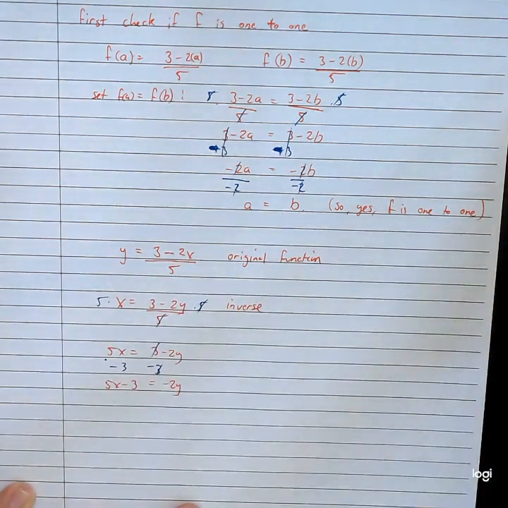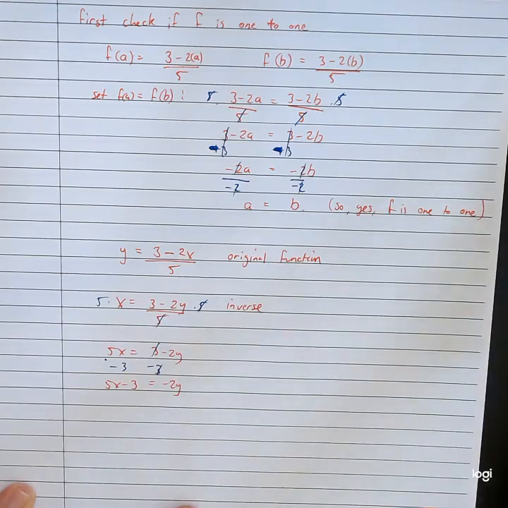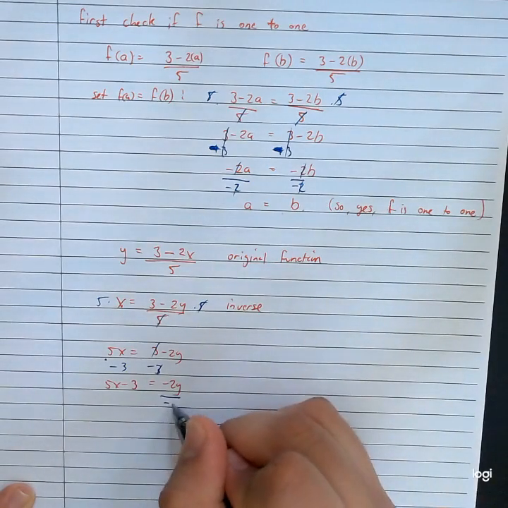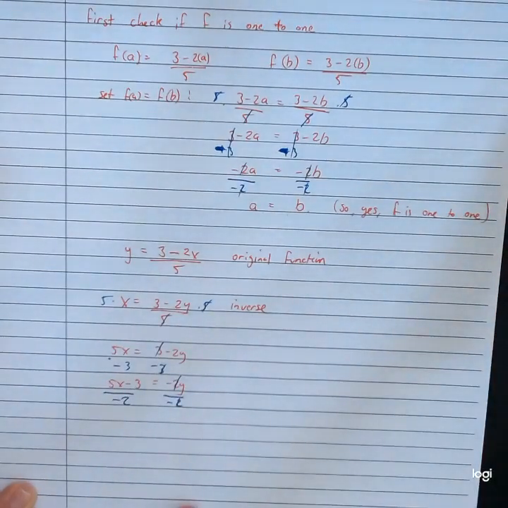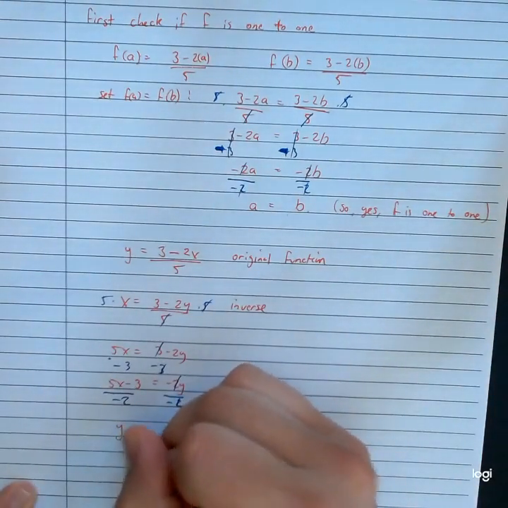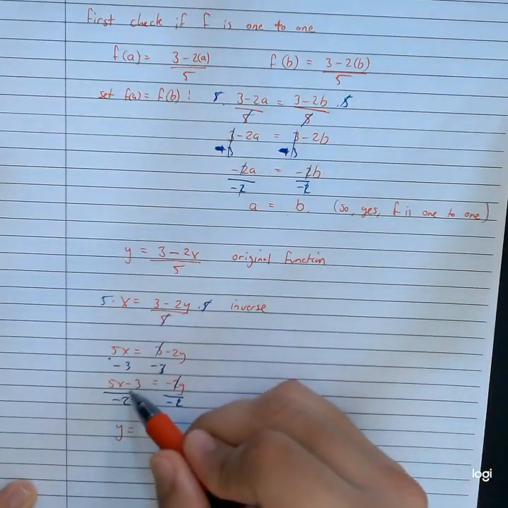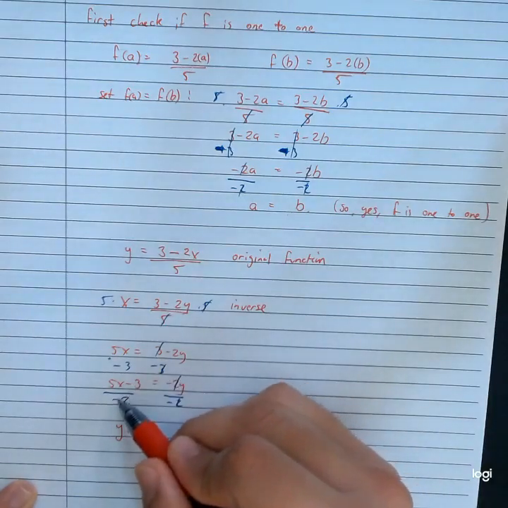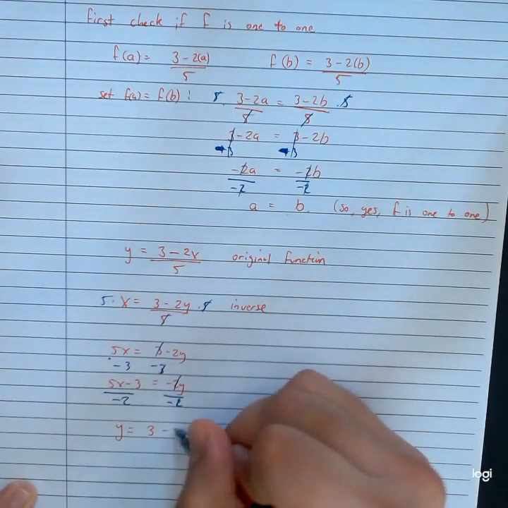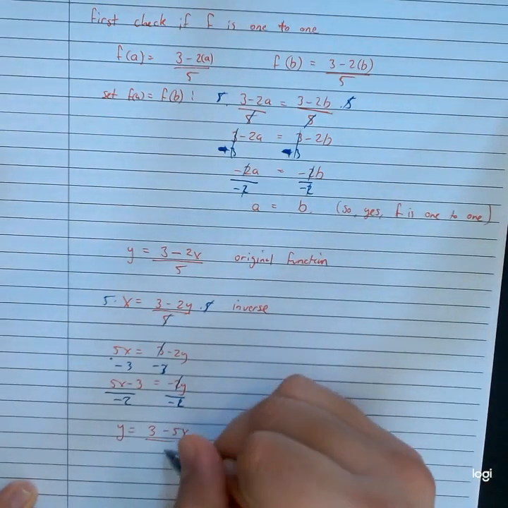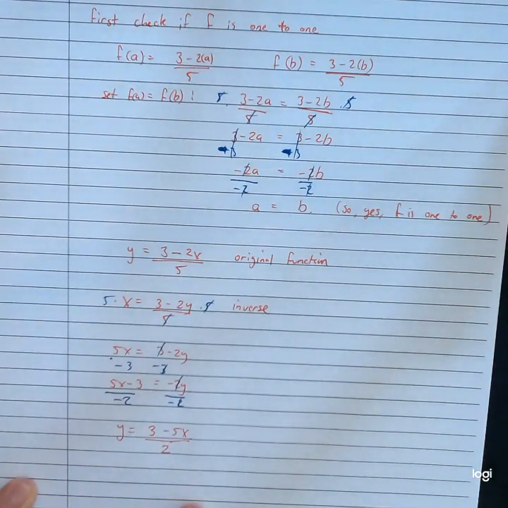And finally, I can divide both sides here by a negative 2. And that'll isolate my y, which is now equal to, let's see here, I have a negative over a negative, that's a positive, and a positive over a negative, that's now a negative. And it looks like that.